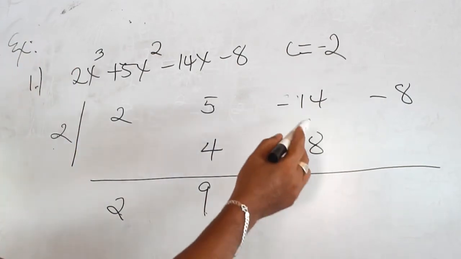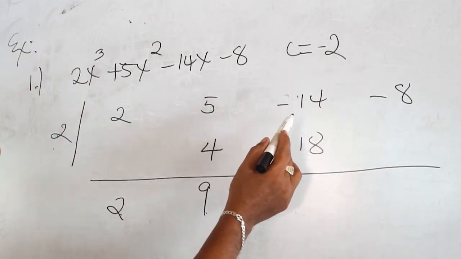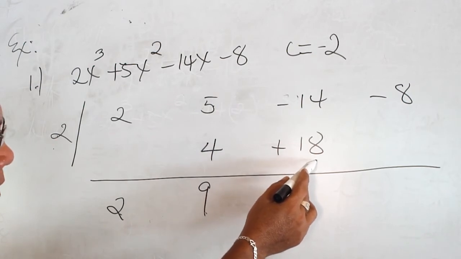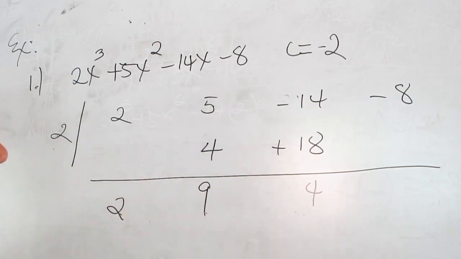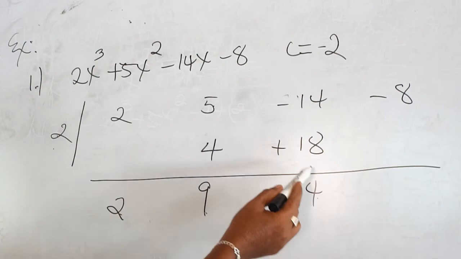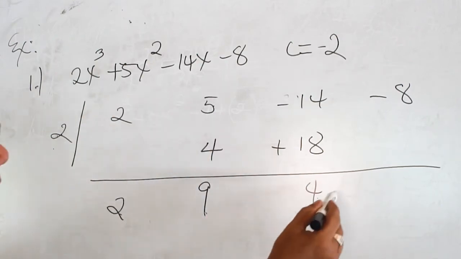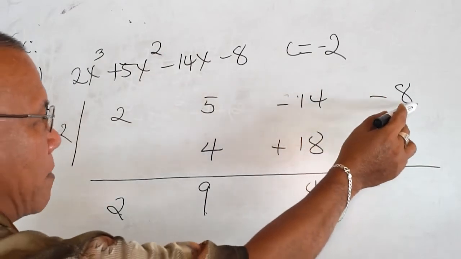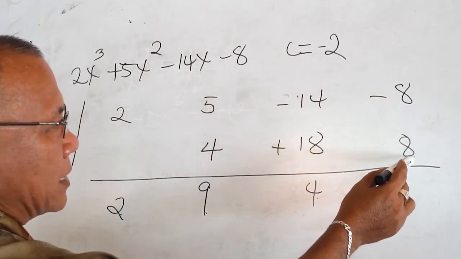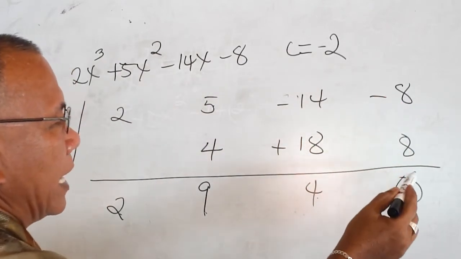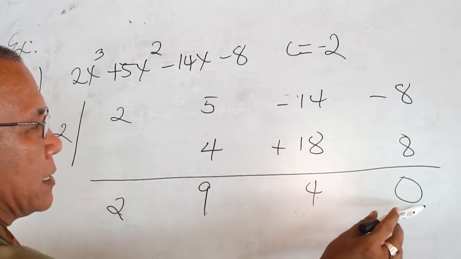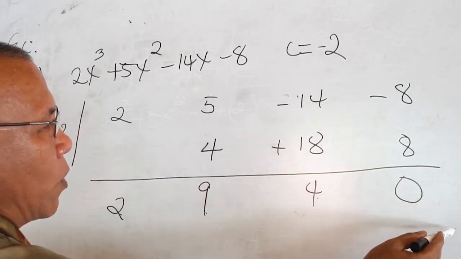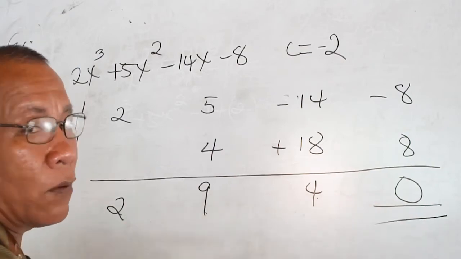Then add negative 14 plus positive 18, so we have positive 4. Okay, then 4 times 2, so we have positive 8. So add. So negative 8 plus positive 8, the result is 0. The last term, this is now the remainder. So therefore, the remainder is 0.